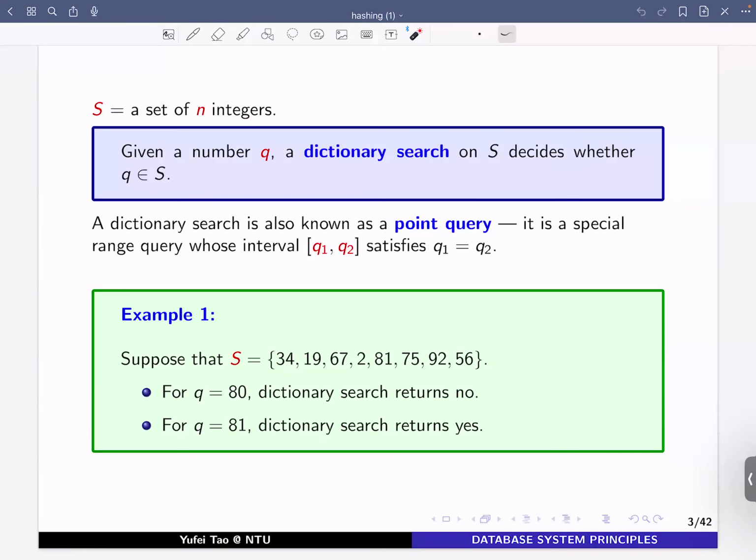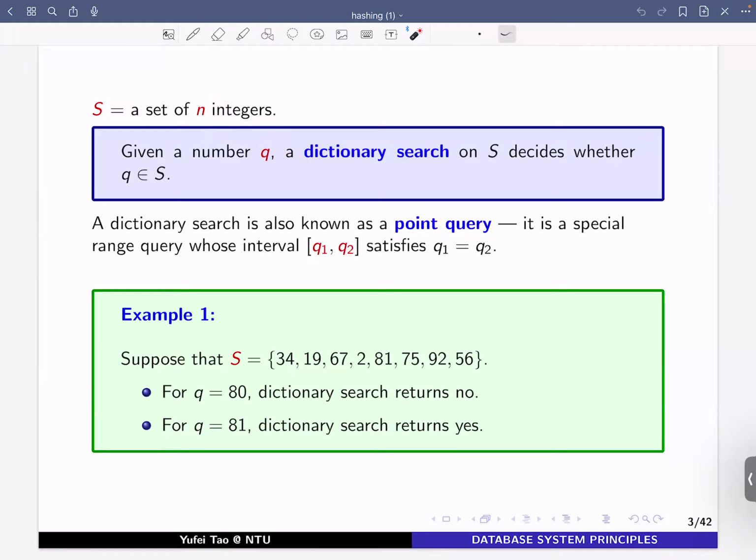So why is this called dictionary search? Because if you consider every integer in the input set as just sort of like an English word, it's like you are looking up a particular word, and you try to find out whether this word is inside the dictionary or not.